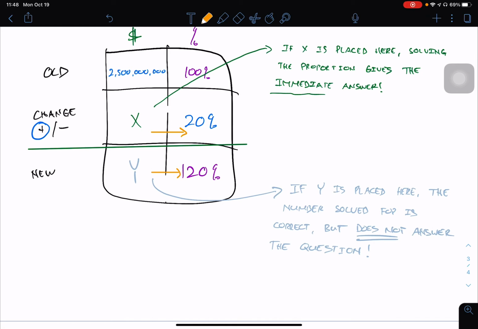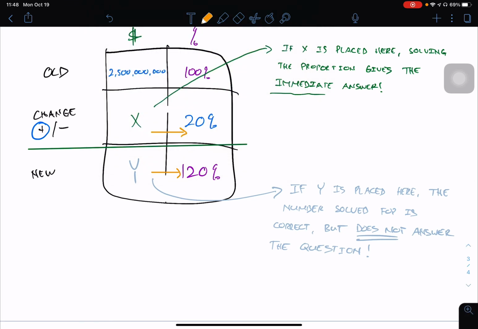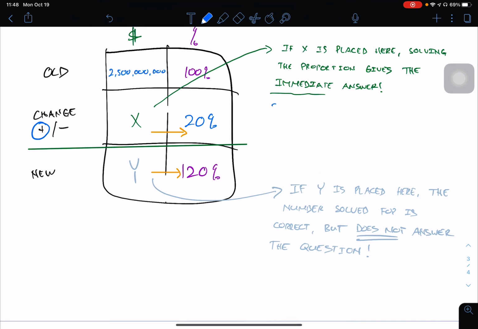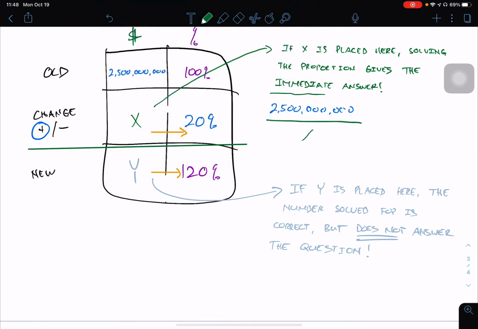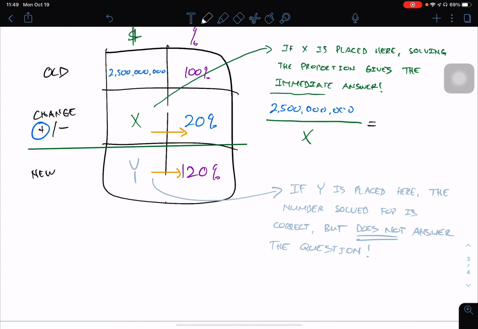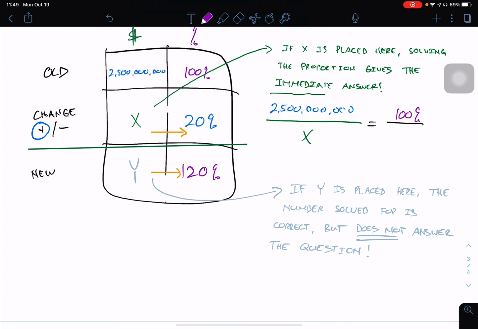And you find that answer by subtracting from the original. So you might go, what do you mean by that? Let me take a moment to solve this. I'll show you both proportions. So here is the first proportion based on the green here. We got 2,500,000,000 under x. This is going to give us the direct answer. And I'm color coding everything so people can see clearly. 20%.